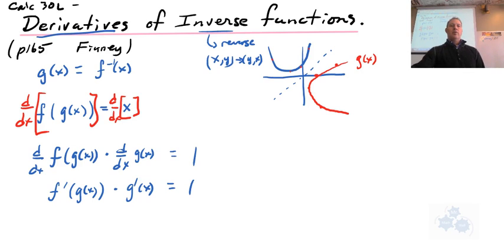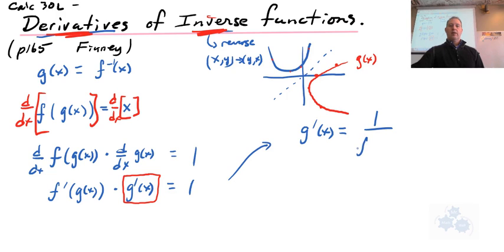If we look back to the title, I want the derivative of the inverse function. And that's this. g of x is the inverse function, and this is my derivative. So if I solve for this now, I get g prime of x equals 1 over f prime of g of x.